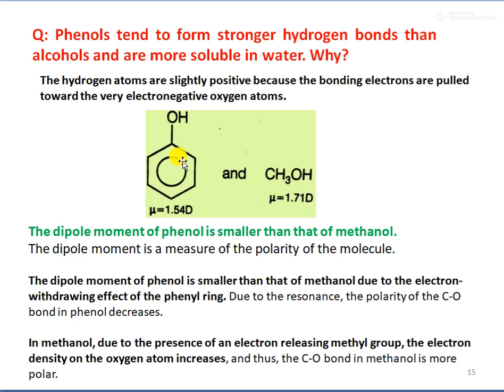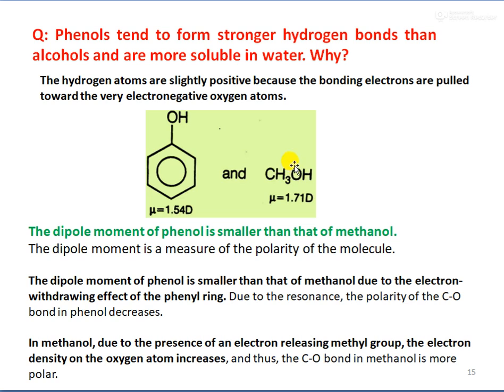Then we have to learn about a point, that is the dipole moment of the molecules. Here I have shown a phenol and a methanol, and I have shown the dipole moment of phenol as 1.54 D and the dipole moment of methanol as 1.71 D. Dipole moment is a measure of the polarity of the molecule.